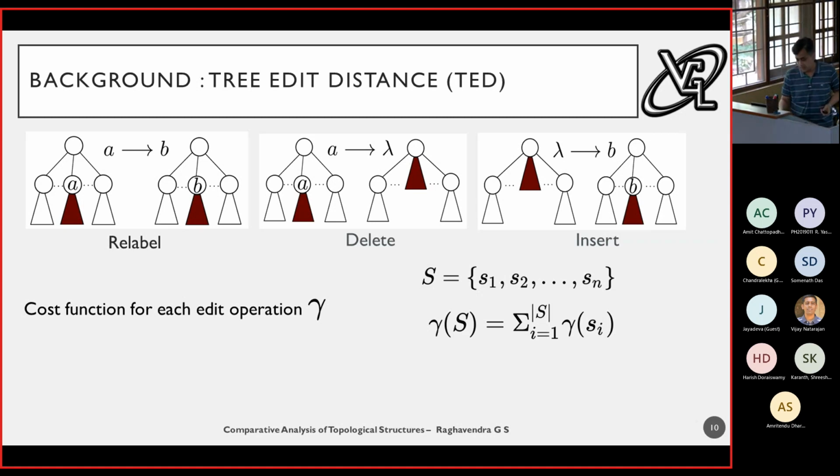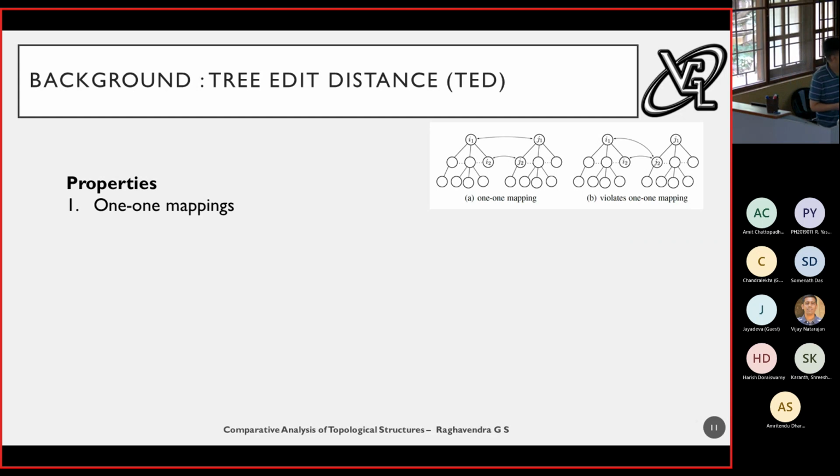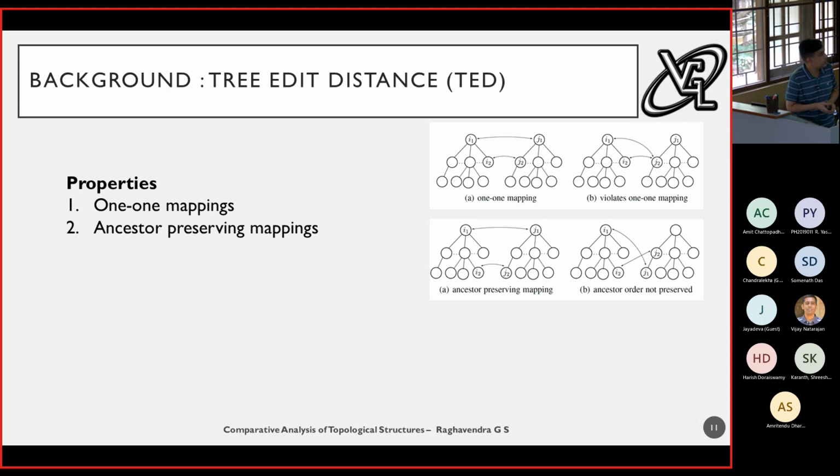So the tree edit distance can be defined as the minimization of such cost. We consider all such sequences and we want to find the minimum sequence, so that the cost incurred while going from one tree to the other is the minimum. Tree edit distances satisfy a lot of properties. One such property is that the mapping is 1-to-1, and it preserves ancestors.